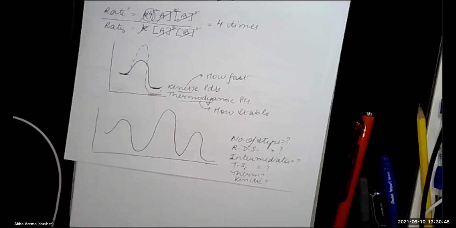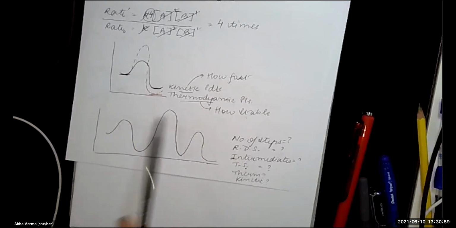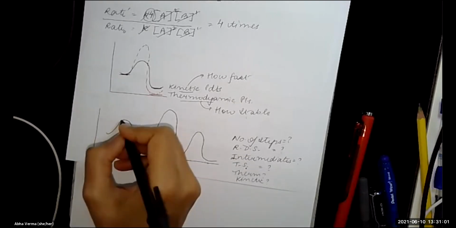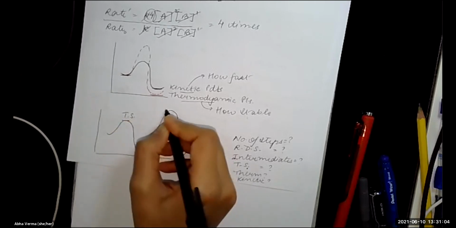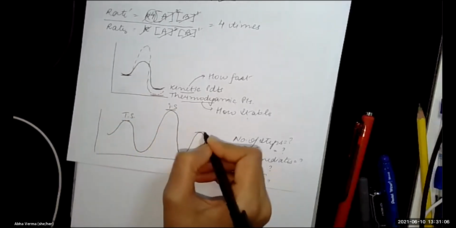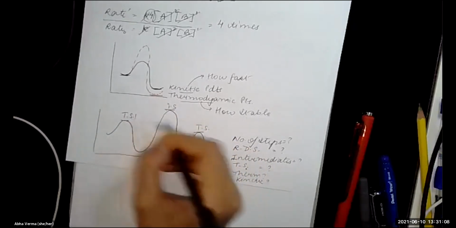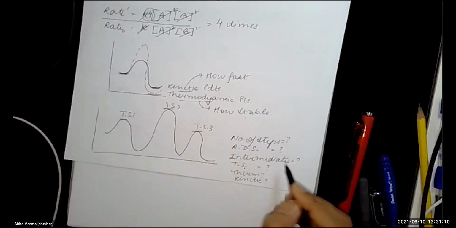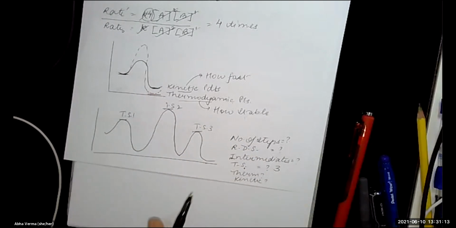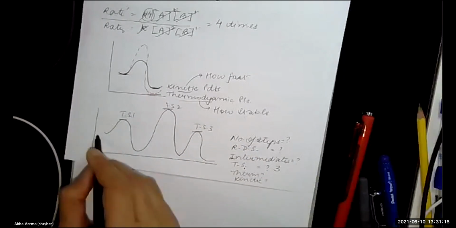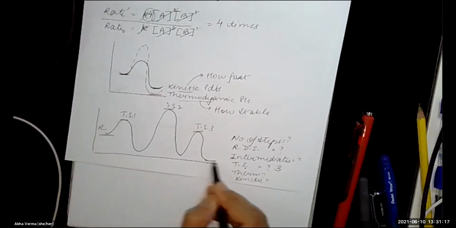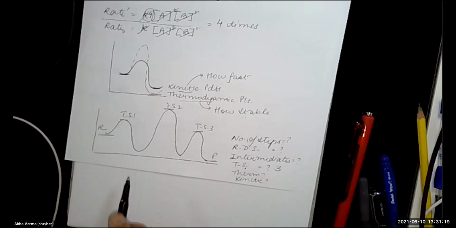And I'm very, very pleased. Most of you, 60% of our class, has chosen the right thing. Remember, each of these humps tells you about a transition state. So 1, 2, 3. Three transition states. Very good. And between a reactant and products, how many intermediates do we see?